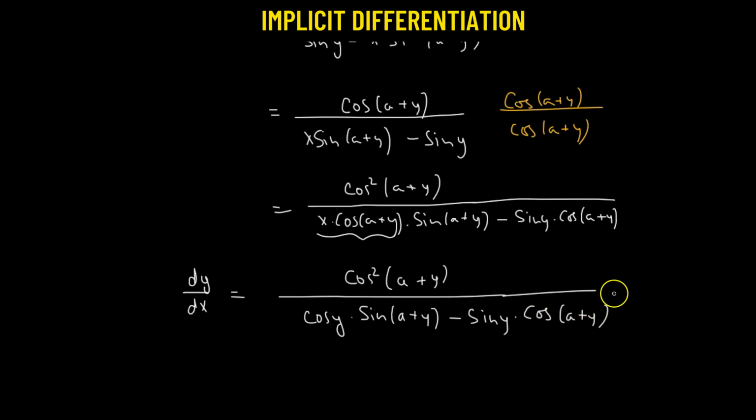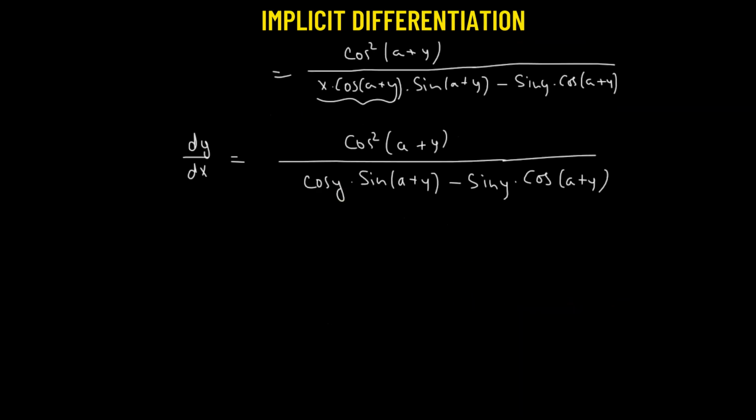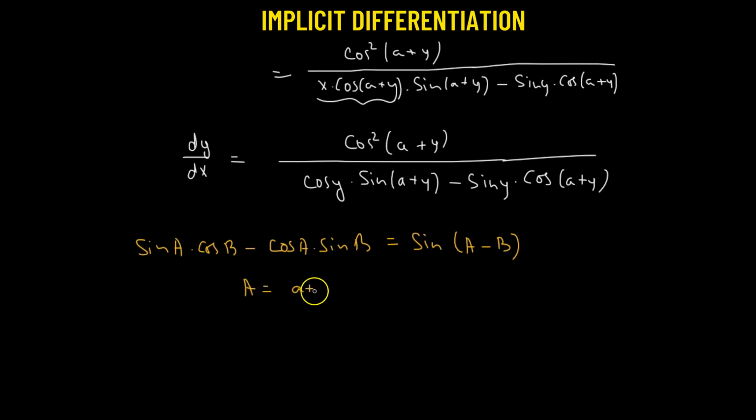Now if we consider the denominator, we can use the fact that whenever we have sine A times cosine of B minus cosine of A times sine of B, this can be also expressed as sine of (A minus B). Now in our case we are considering A to be equal to a plus y and B to be equal to y.